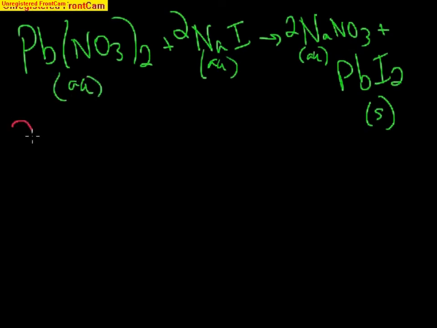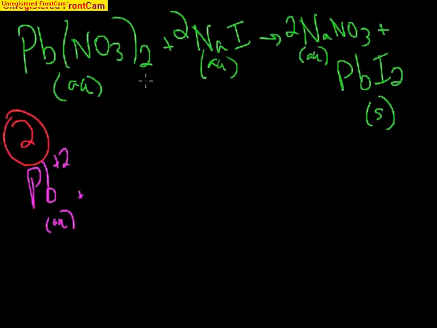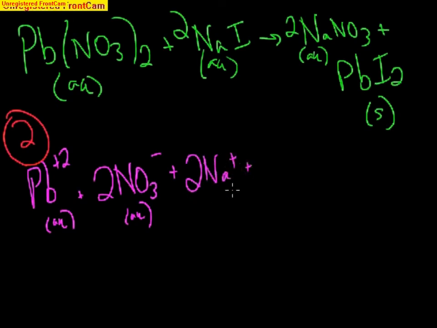For step 2, we want to break them apart into their ion forms. So, it becomes Pb plus 2 aqueous plus, this coefficient up here tells me now, 2 NO3 minus, so that subscript becomes a coefficient, it's aqueous as well. Here we have a coefficient out front, so it has to go to both, Na plus, 2I minus.